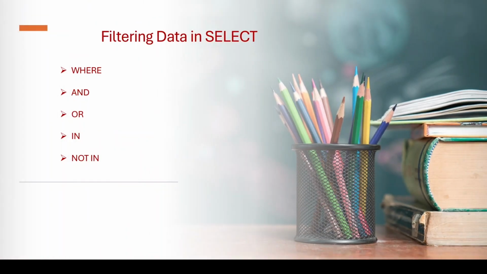Similarly, we have one more operator called OR. The OR operator is used when we want data that matches either of multiple conditions. When we write multiple conditions using AND, it looks for the records that match all of the conditions we gave.